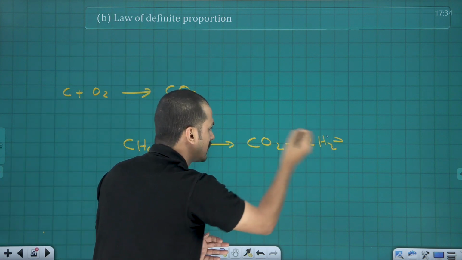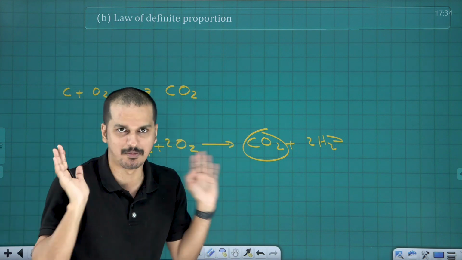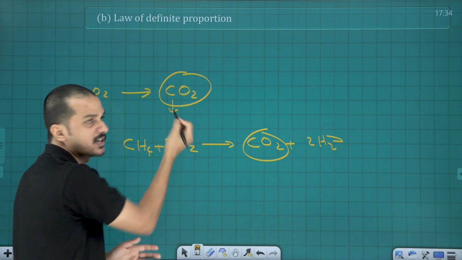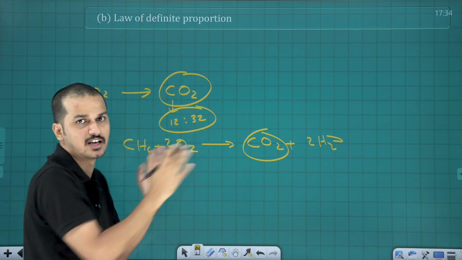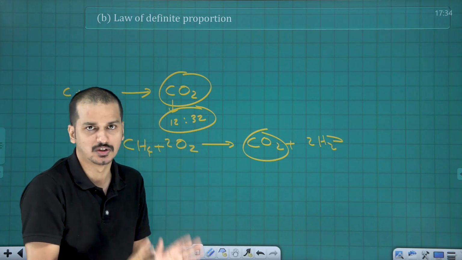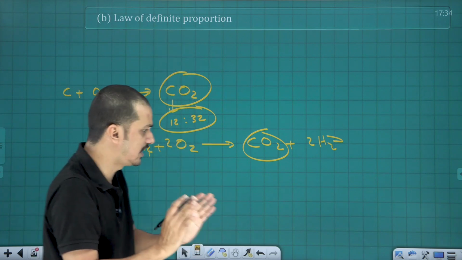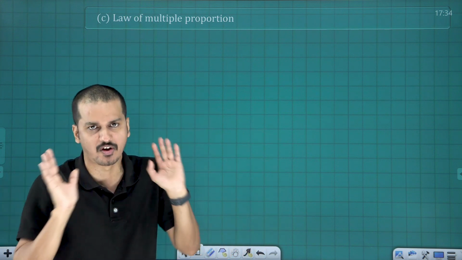Whatever the way you get carbon dioxide, it always contains 2 elements, carbon and oxygen, and their masses are in the ratio of carbon's mass 12 to oxygen's mass 32. So their ratio is 12:32, their mass ratio is fixed. That is called constant proportion. If they are discussing only one compound, it means law of definite proportion.